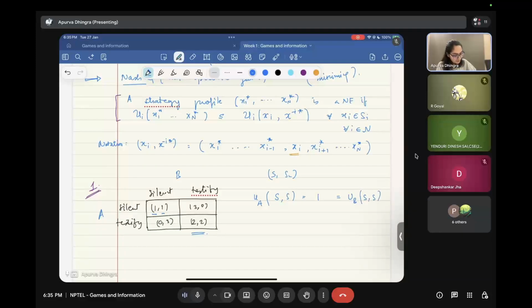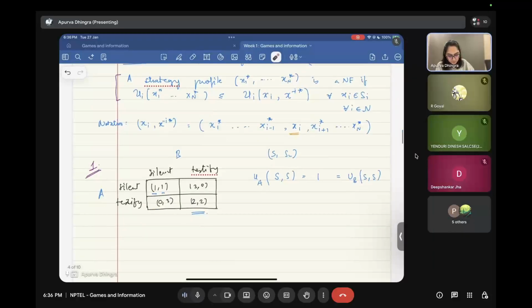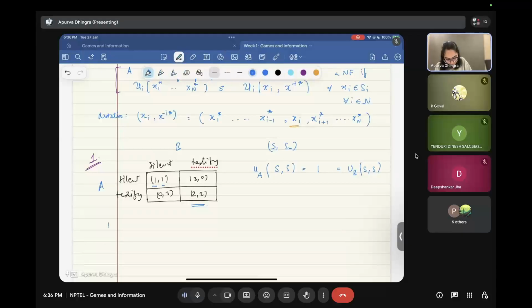For the same profile, the utility of the other guy is also 1. So what I'm doing right now is just writing out this matrix in this form that we want. If you recall from the lectures, the claim was, what was the claim? Which was the Nash equilibria in this?